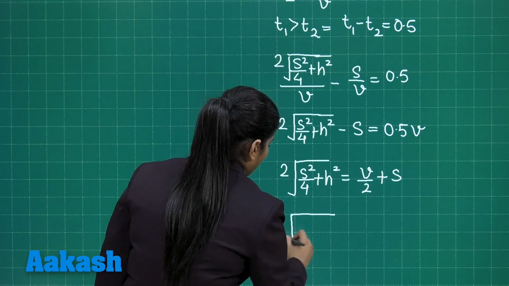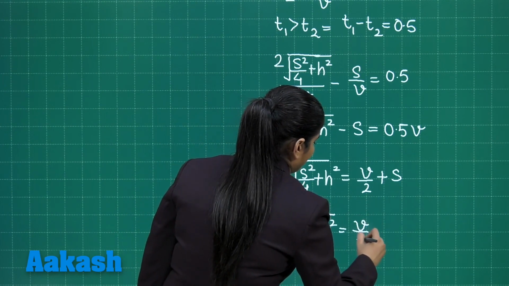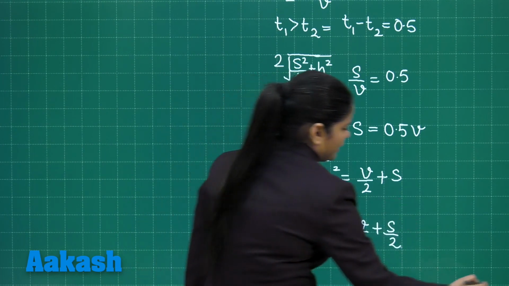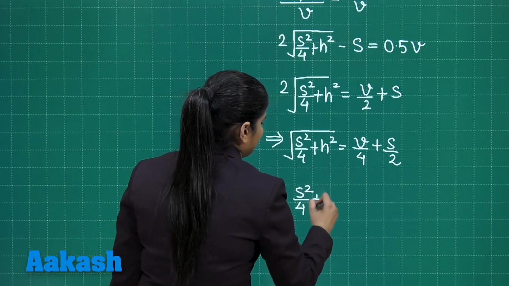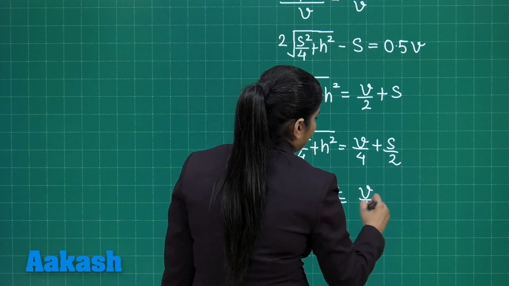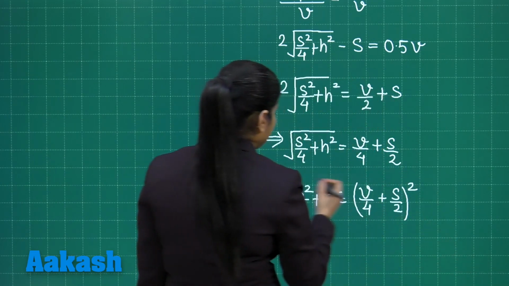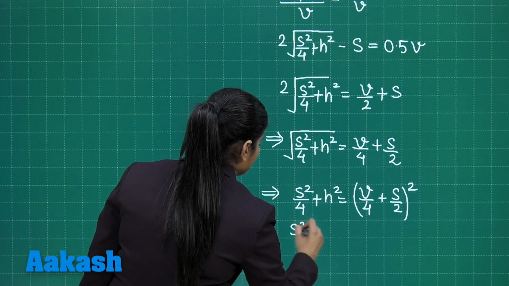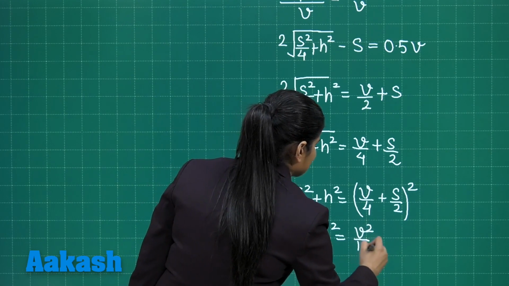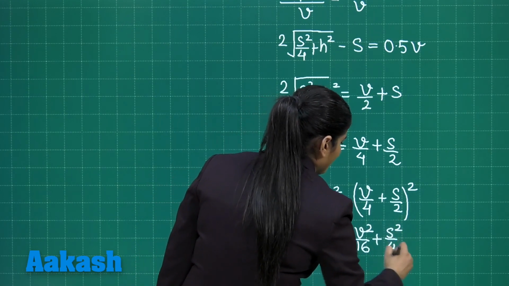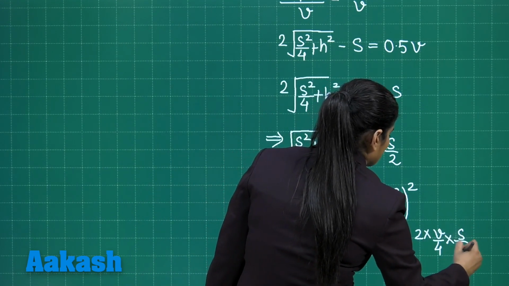This will become square root of s square by 4 plus h square is equal to v by 4 plus s by 2. On squaring both the sides, I will be getting s square by 4 plus h square is equal to v by 4 plus s by 2 whole square. Further, this will be s square by 4 plus h square is equal to v square by 16 plus s square by 4 plus 2 into v by 4 into s by 2.